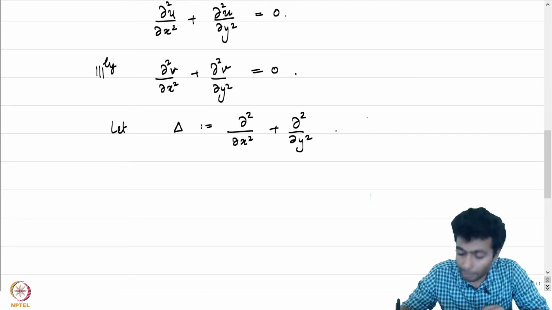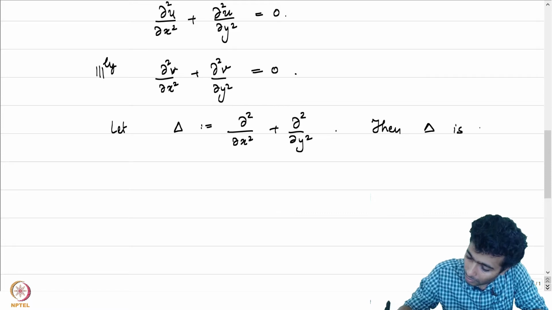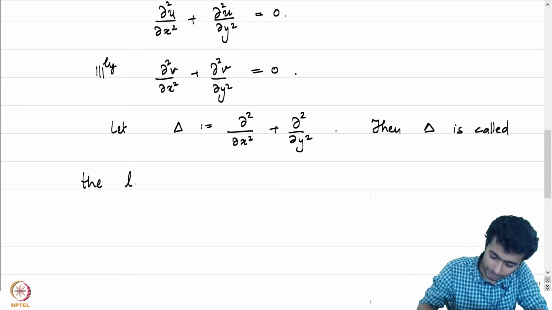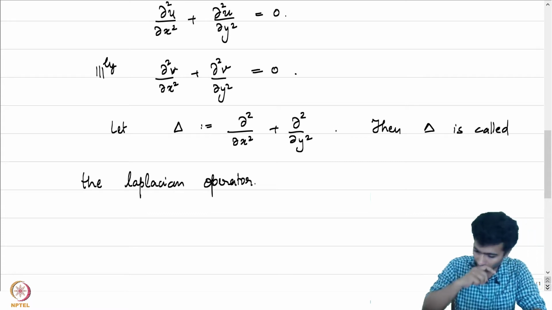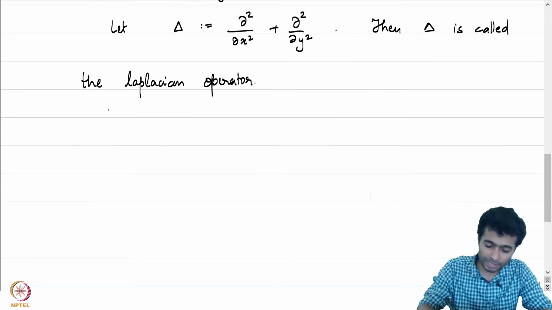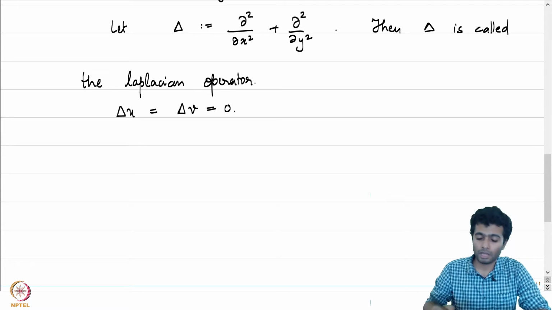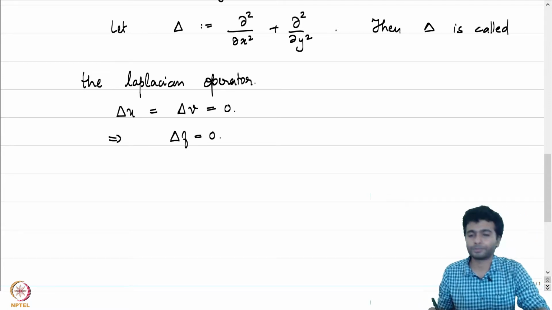Then Delta is called the Laplacian operator. And what we just noted is that the Laplacian of u is equal to the Laplacian of v is equal to 0. And therefore, the Laplacian of f is also equal to 0.